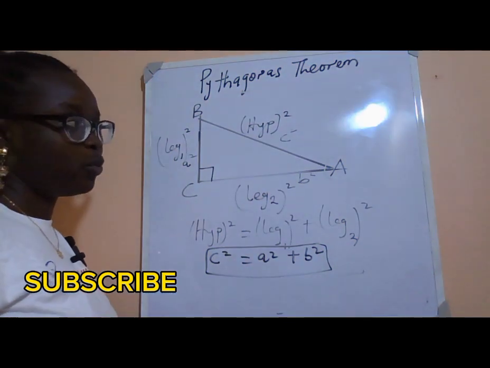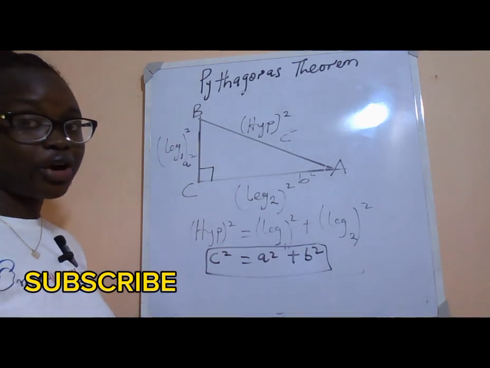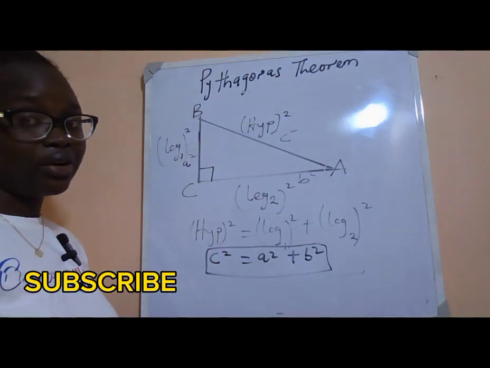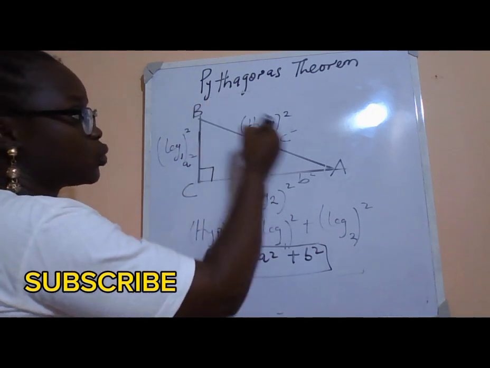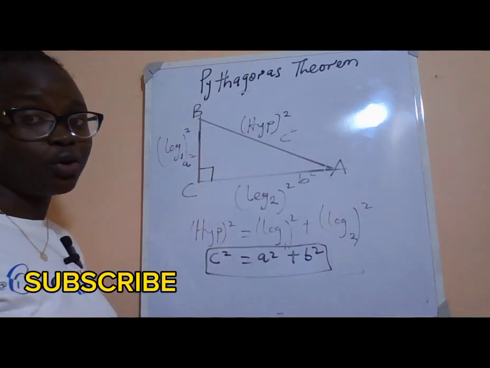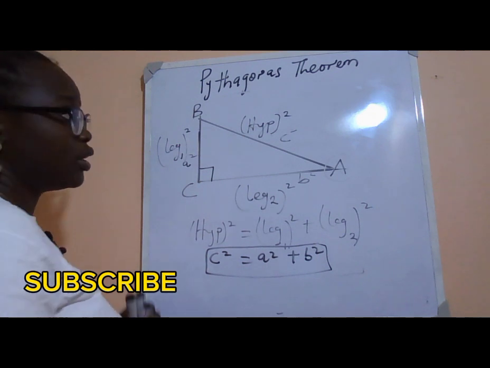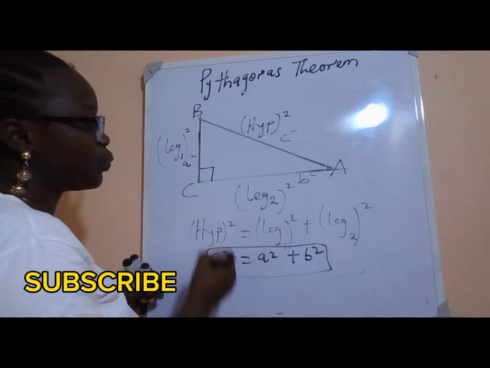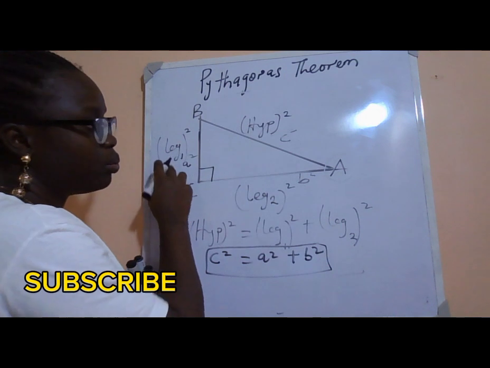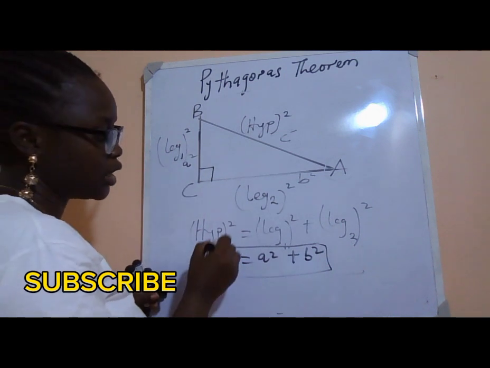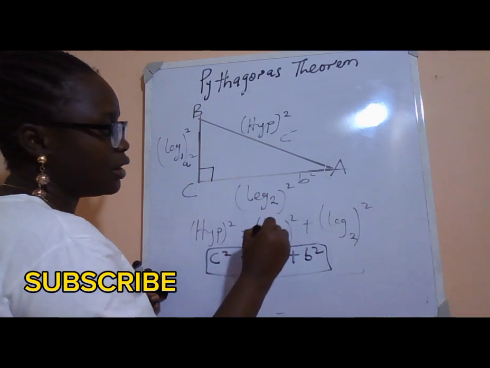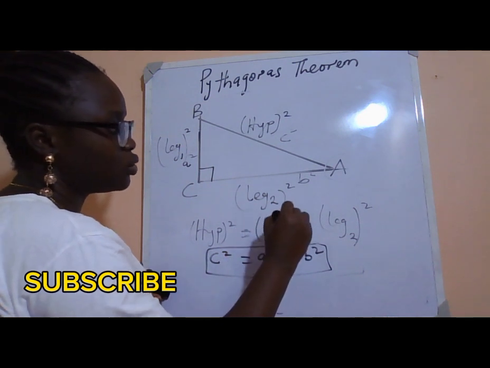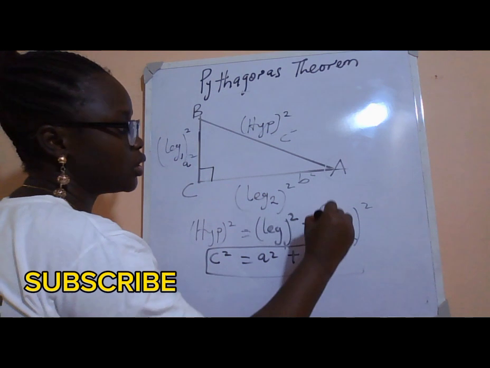Okay, so I hope you remember the Pythagoras theorem law. It states that the square of the hypotenuse, which happens to be the longest side of the right angle triangle, is equal to the sum of the two legs, both squared, right? So hypotenuse squared equals leg 1 squared plus what?